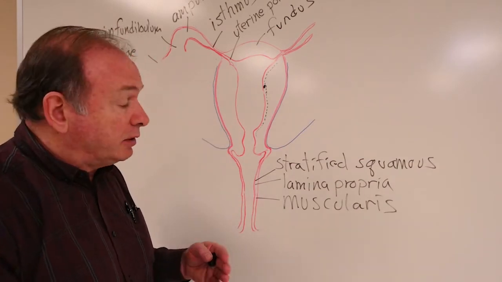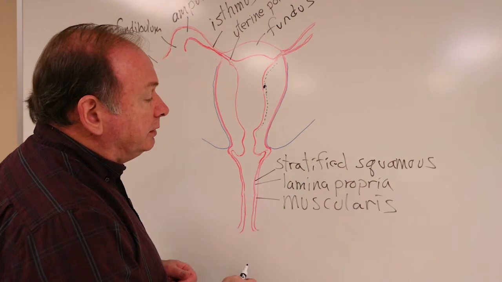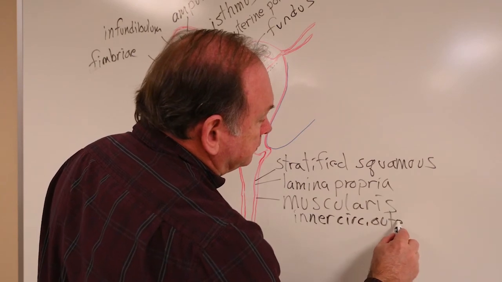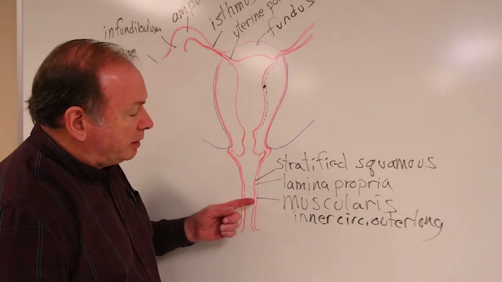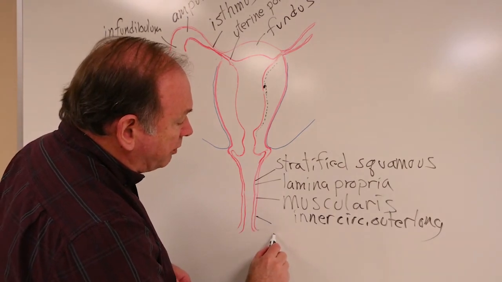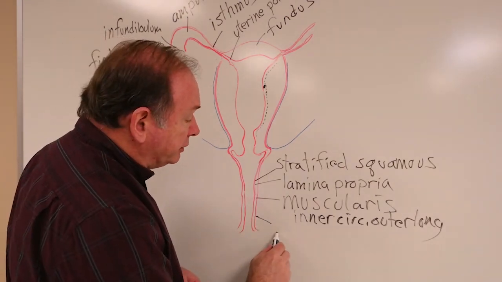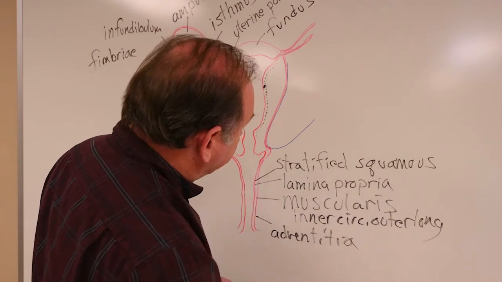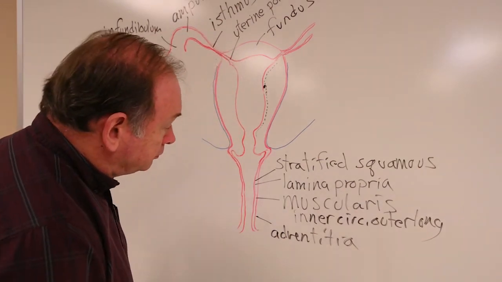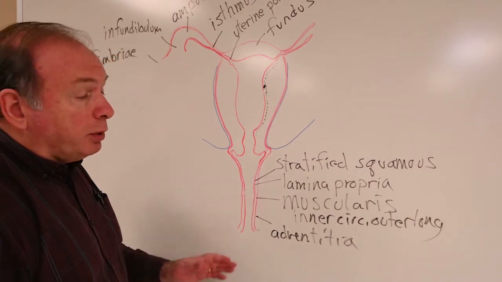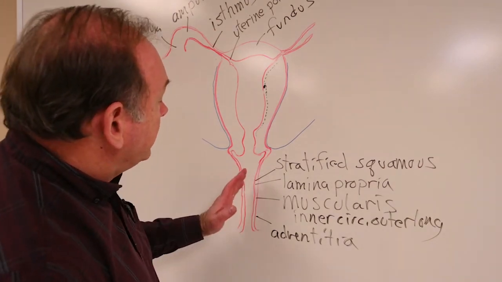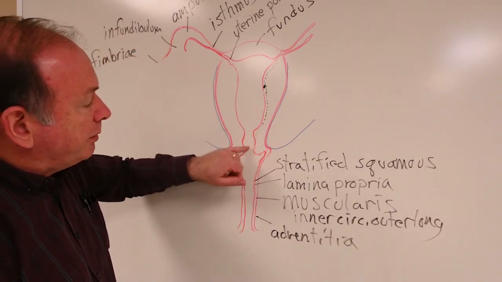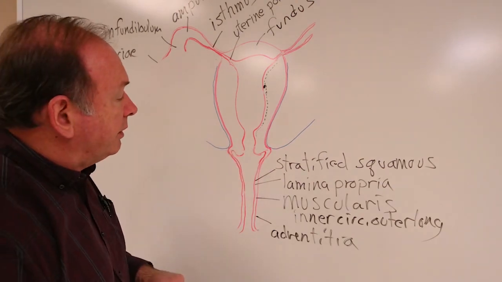It has basically inner circular and outer longitudinal layers of muscle, and then finally the very outside would be a connective tissue with blood vessels and nerves and so forth, probably fat, and adventitia. Simple layered wall to the vagina here. Remember, we have the transition from columnar epithelium of the uterus to that stratified squamous non-keratinized here in the lower portion of the cervix.